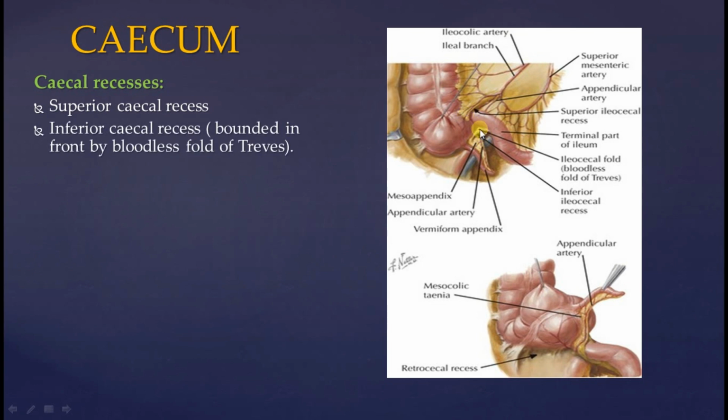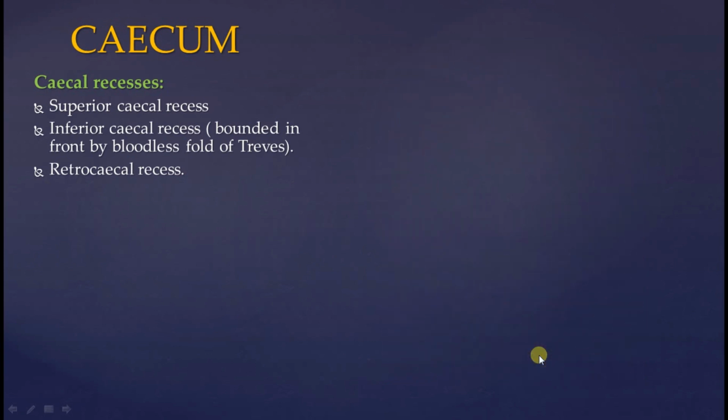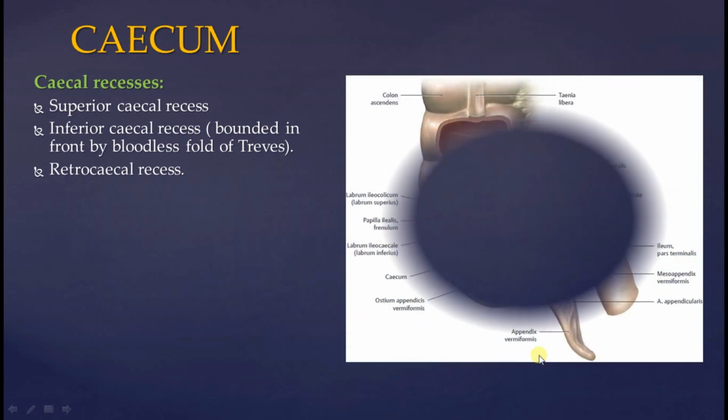The inferior cecal recess is bounded by the inferior cecal fold or the ileocecal fold, in which no artery is present, so that is why it is called the bloodless fold of Treves. Behind the cecum, you see the retrocecal recess, and the appendix is usually seen behind the cecum within the retrocecal recess. That is about the cecal recesses.